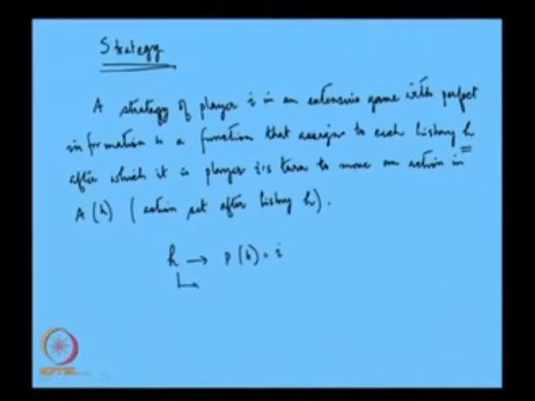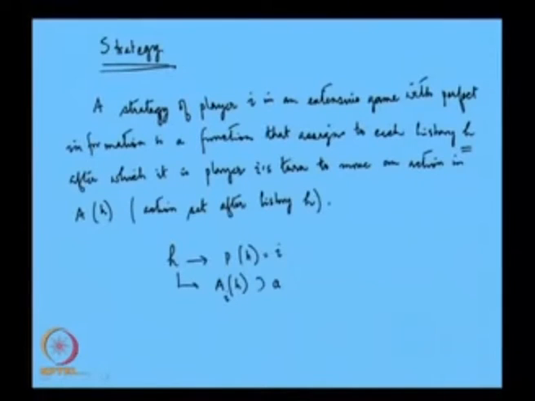From H I also know the set of actions which is available after H, and these actions are obviously available to player I. What a strategy will tell me is which action, suppose this action is A, will be played after this history H.